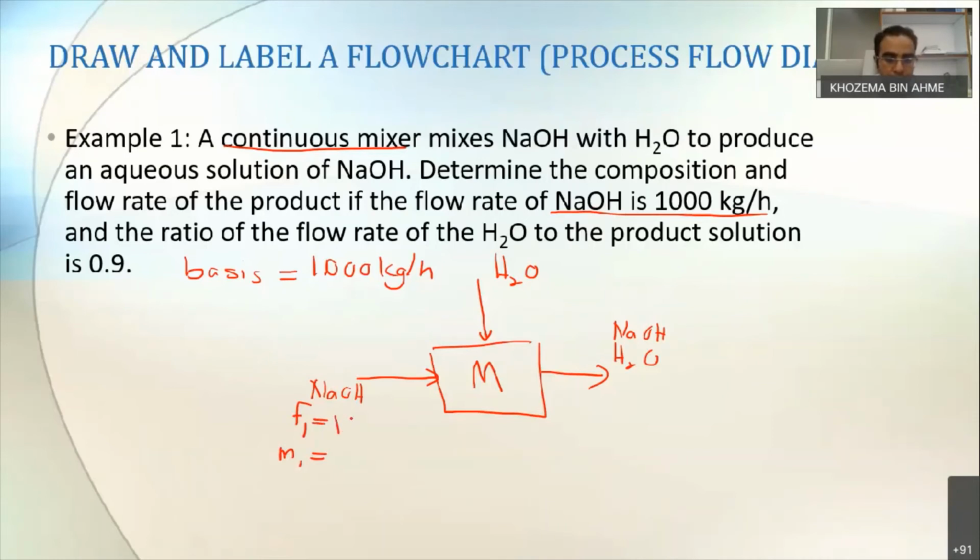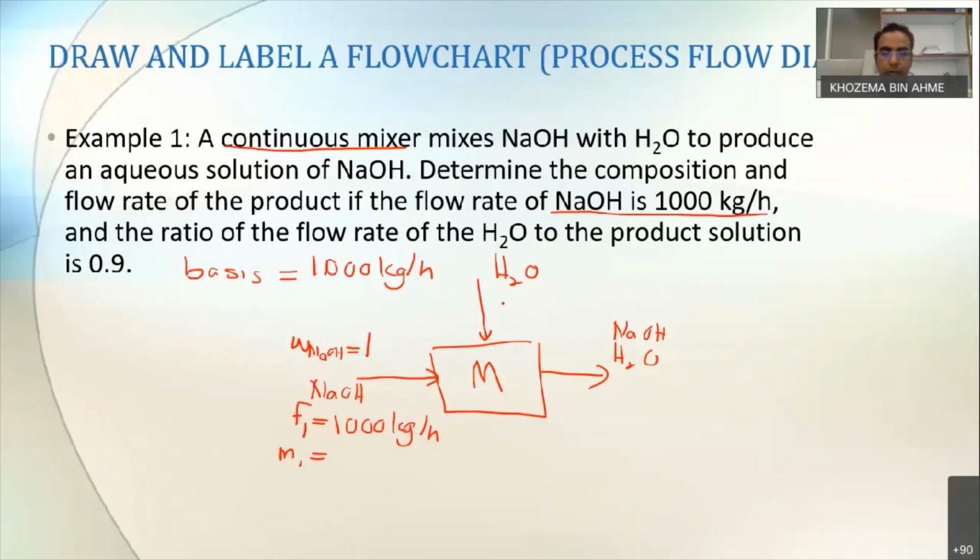It's going to be 1000 kg per hour. The only thing I have here is NaOH, there's no other component. So I can write my weight fraction W NaOH is equal to 1, because whatever material is in this stream is just NaOH.